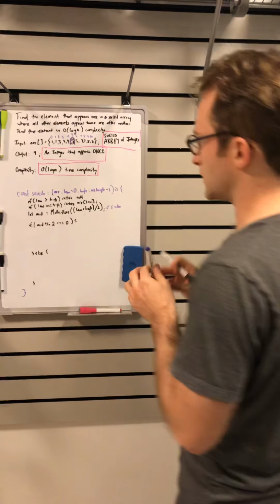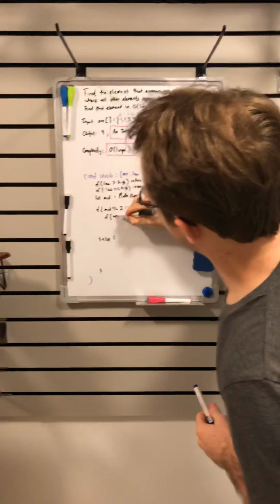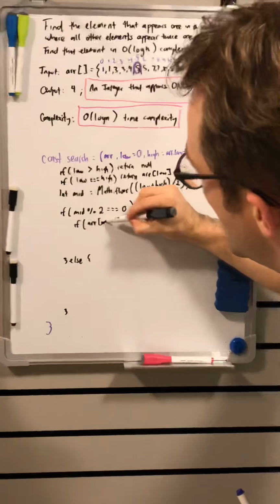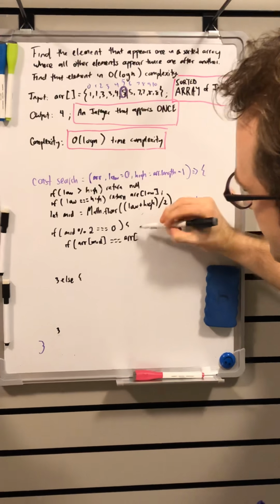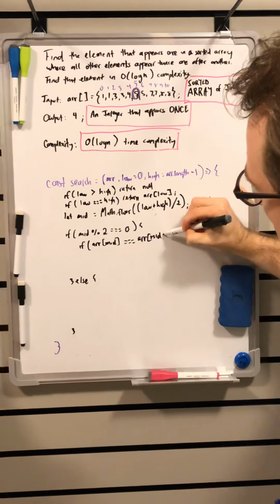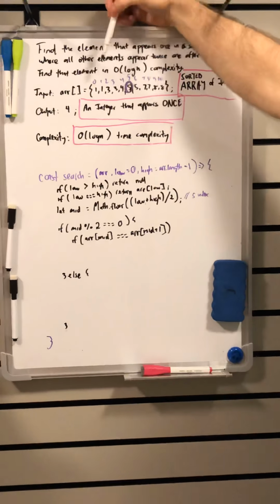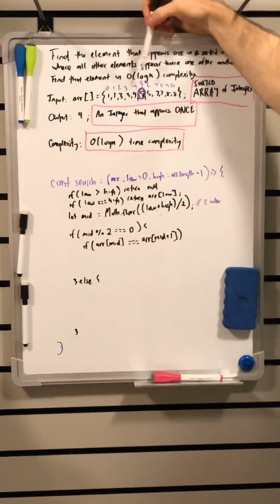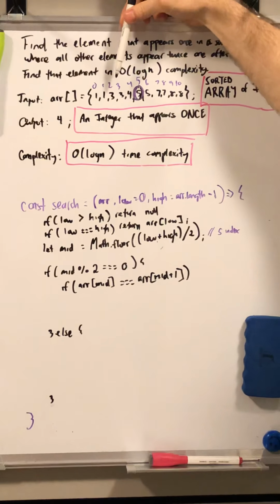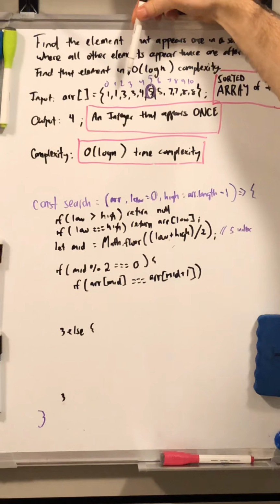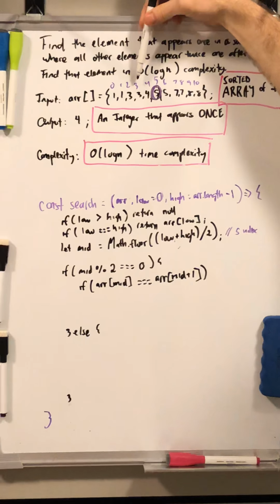So basically what we want to do here is now ask if the array at the midpoint is truly equal to the guy at the mid plus 1, because we assume that if we started, let's say at 2, for example, at the even point is when the pairing begins, and at the odd point is where the pairing ends.